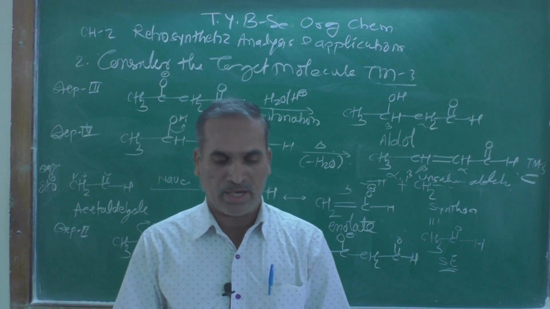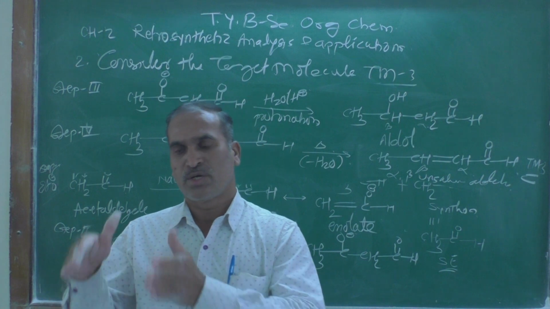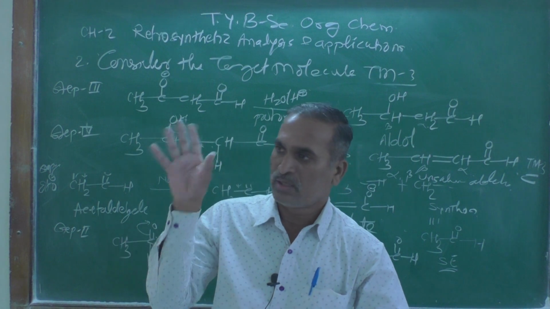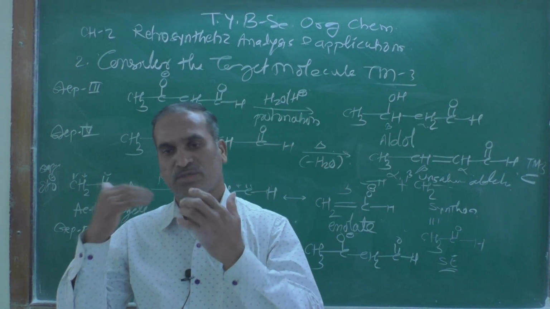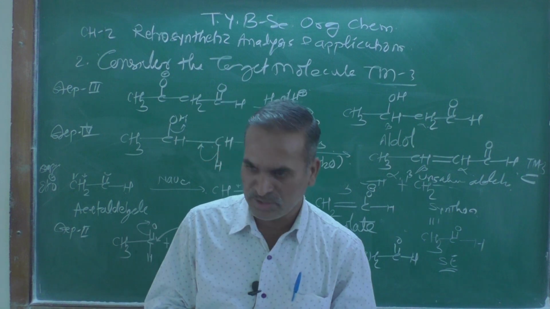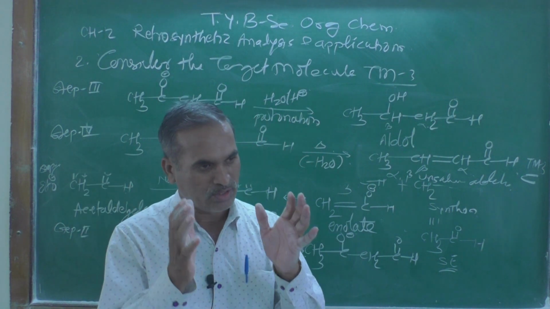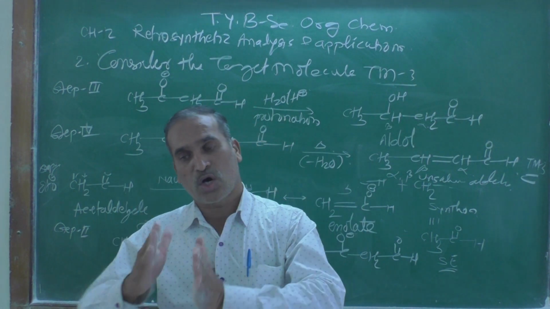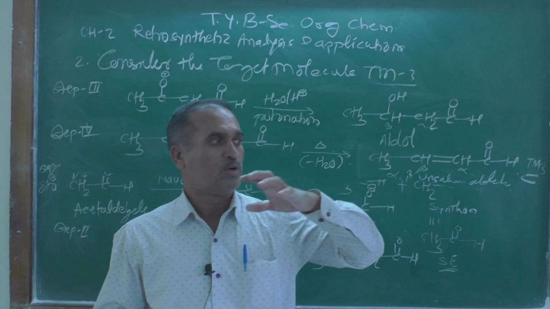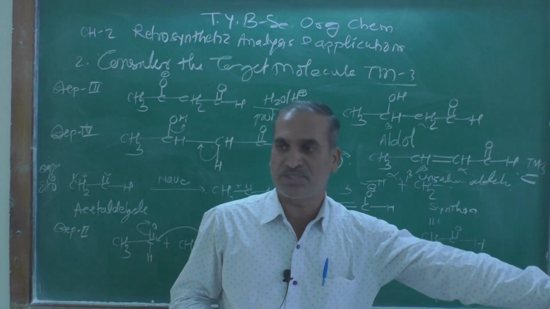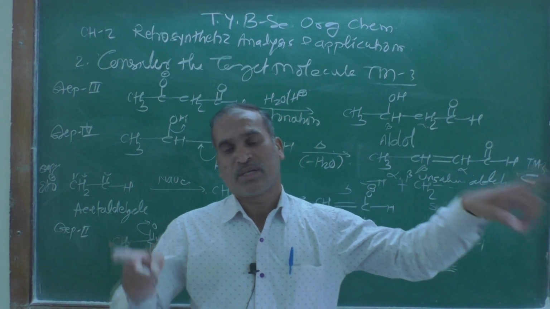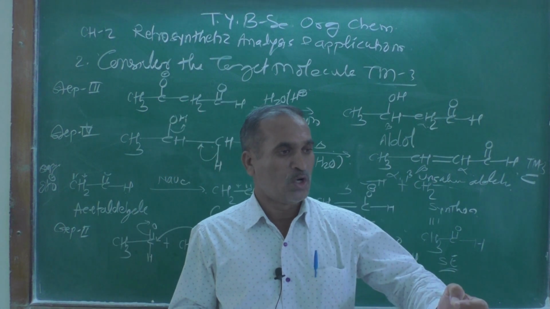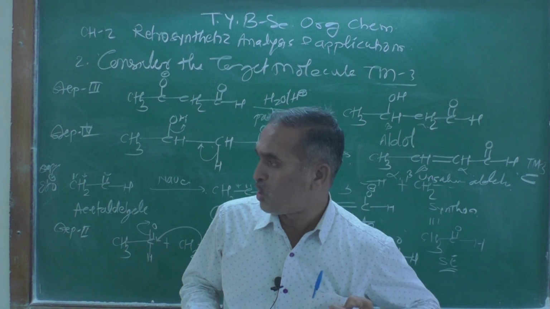So in this way you can synthesize, you can prepare, you can do the retrosynthesis, whatever named reaction or whatever oxidizing reagent, whatever reducing reagent, whatever named reaction you have learned, all these you have to keep in mind, and accordingly you have to go backward so that you can disconnect, you can break the bond in such a way that, but before breaking that bond you must know how to make that bond.